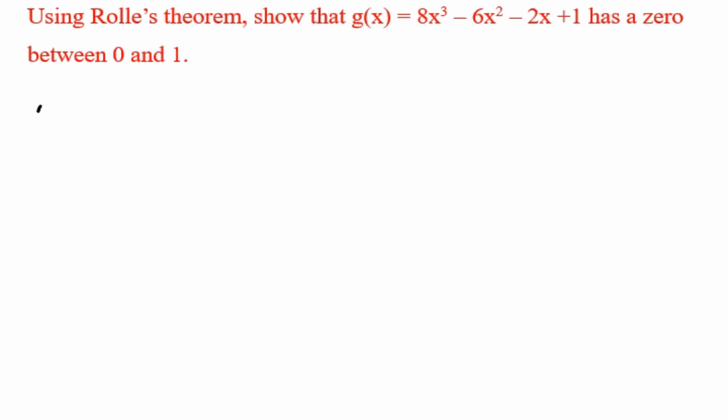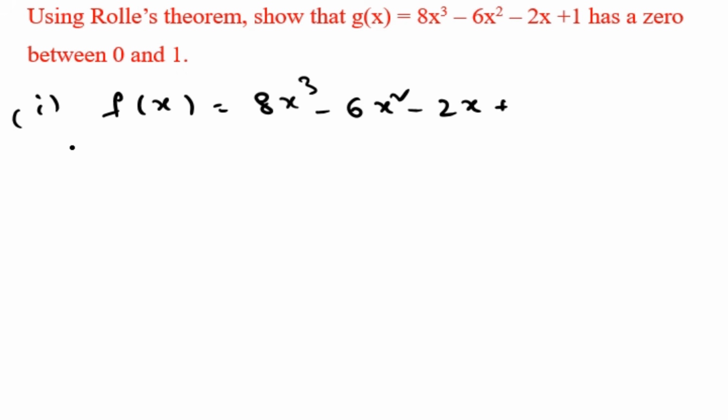First step, we need to find out: f of x equals 8x cube minus 6x square minus 2x plus 1 is continuous in [0, 1].